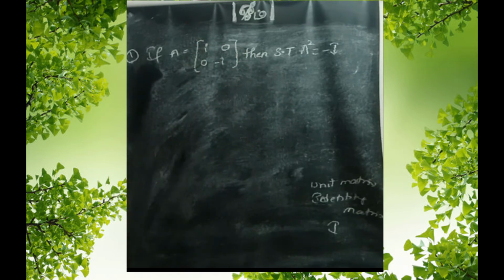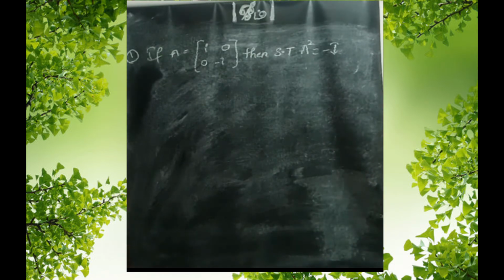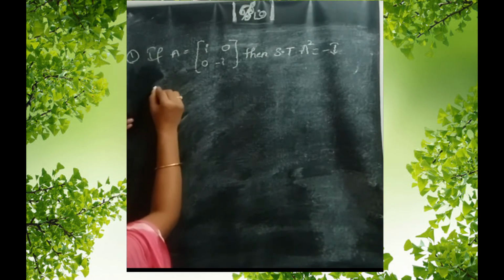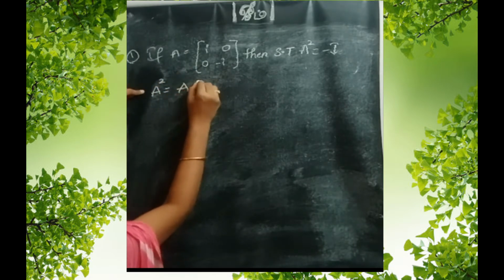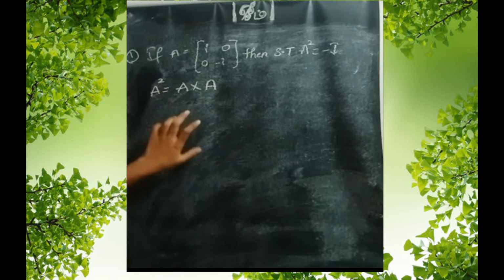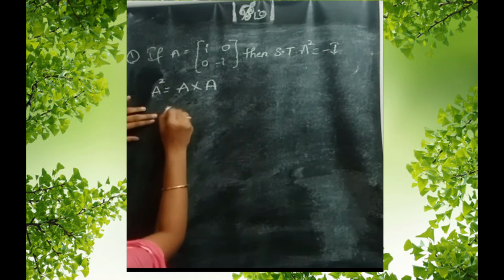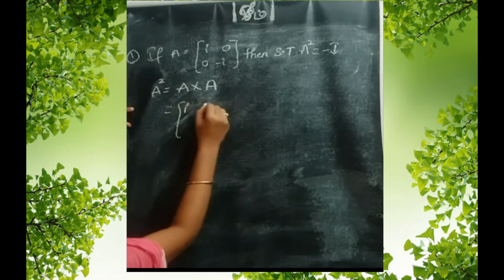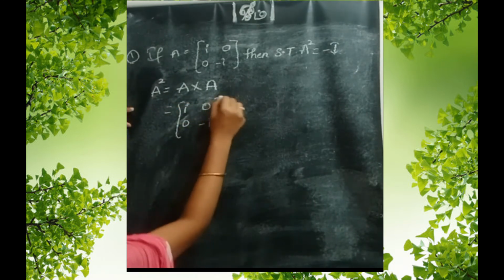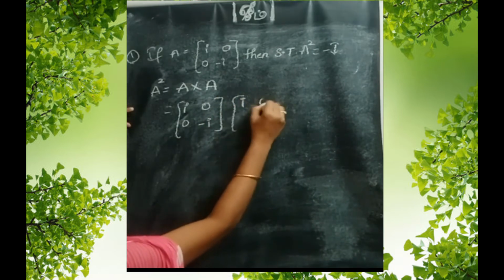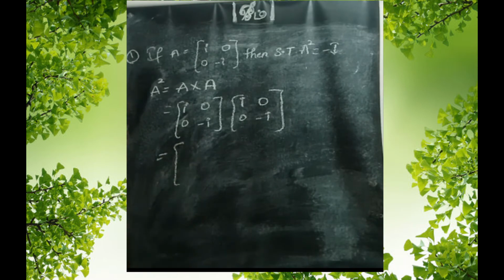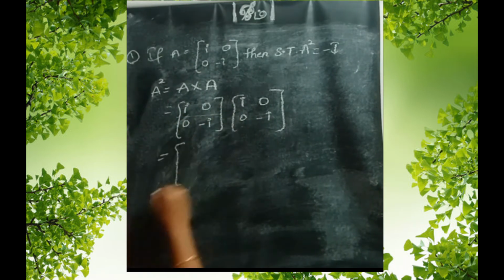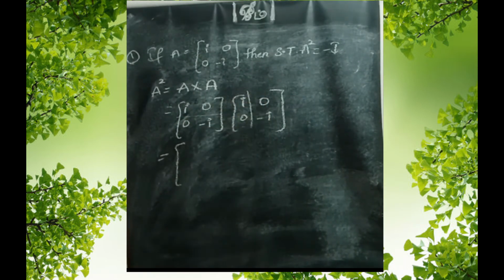Okay, see here. First, whatever the A value, A square means A into A. We have to multiply both times. So I, 0, 0, minus I, and I, 0, 0, minus I. Then see here, first row and then column.